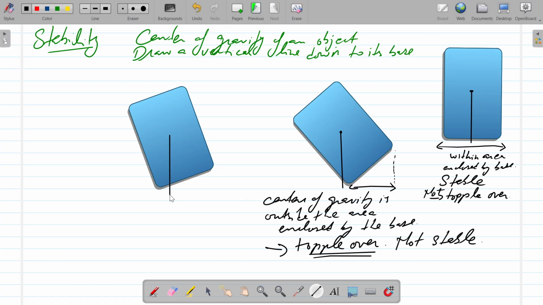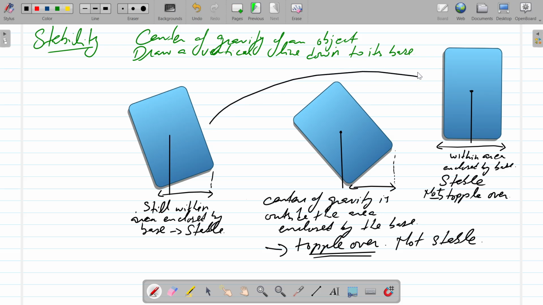And even though it's tilting, as you can see, the vertical line from the center is still within the area enclosed by base, which means it is still stable. So it will not topple over, it will go back. When you tilt it this much, it will actually go back to standing upright.